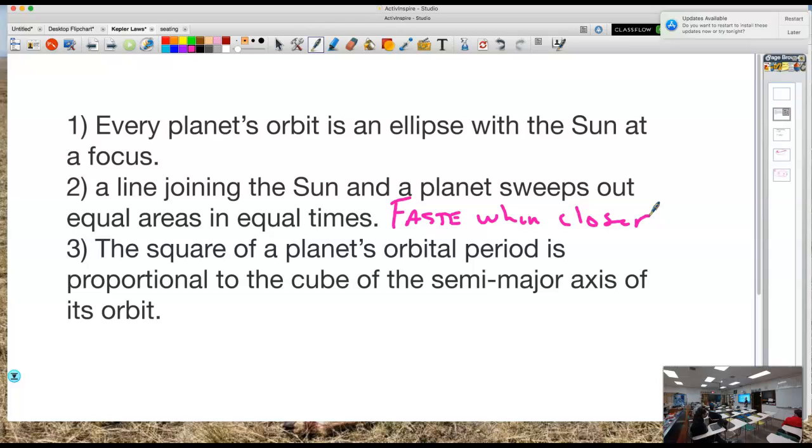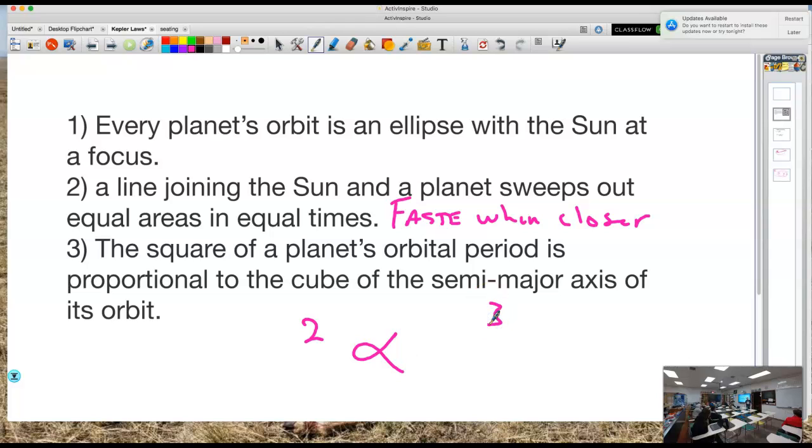Okay? The third one says the square of the planet's orbital period is proportional to the cube of the semi-major axis. Got that one? Yeah, no, not really. Well, do you know what a square is? So we're saying that a square of something is proportional to the cube of something.